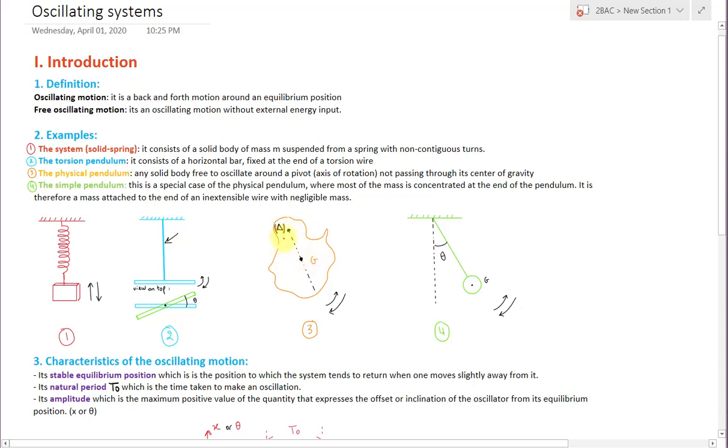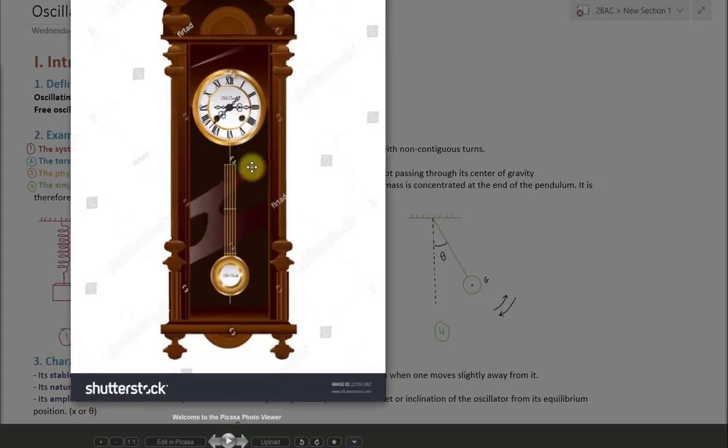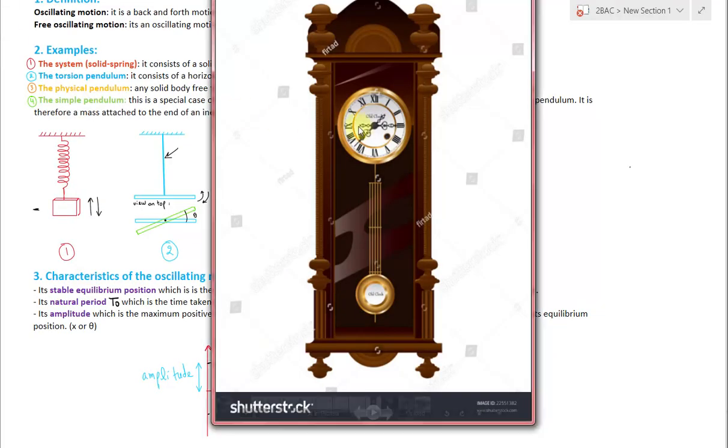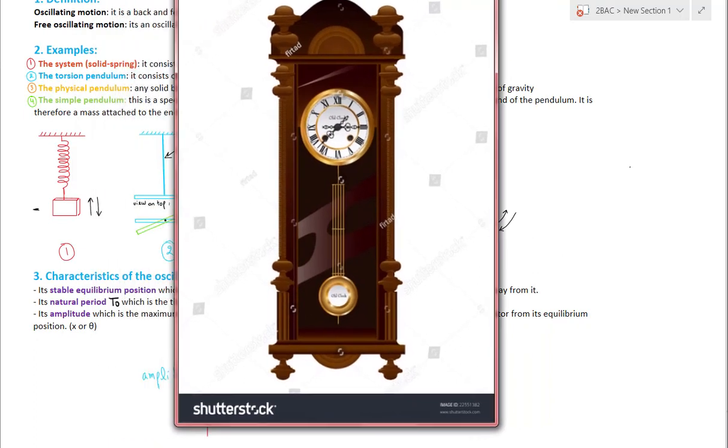Any point other than the center of gravity, when it is a pivot, this system is called a physical pendulum, and it makes this oscillation in this manner. An example of it is the clock we have seen earlier. The pivot is somewhere around here, and it performs an oscillating motion, and we count these oscillations to measure time.